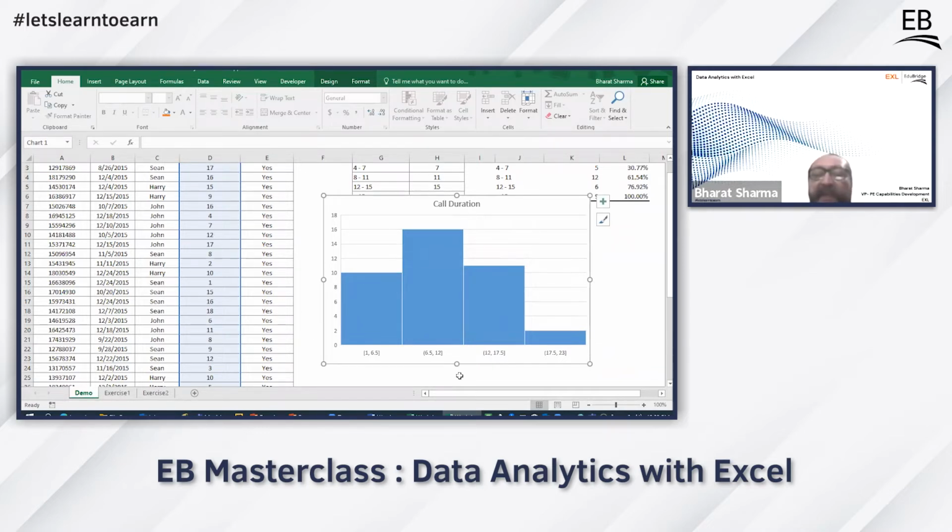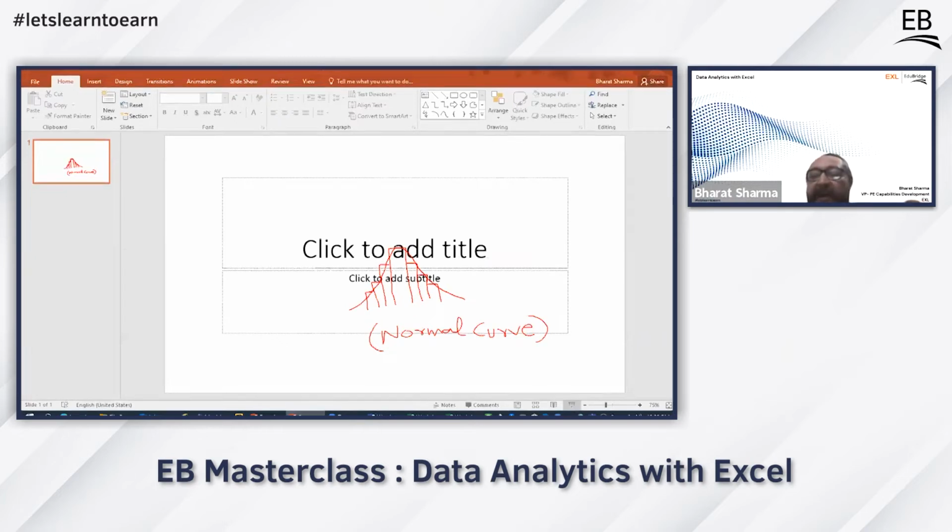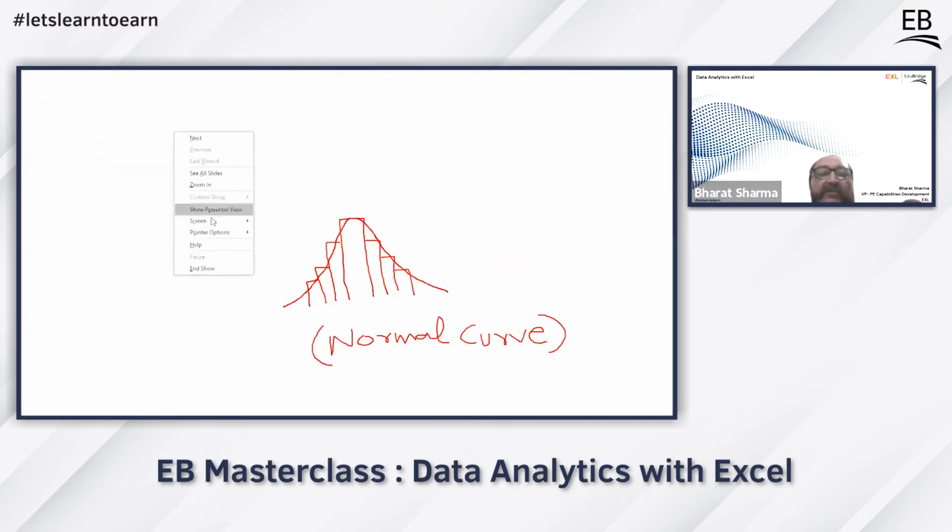There may be other patterns that a histogram can show you. The patterns may be like this. You may have bars like this. So this could be one of the patterns.